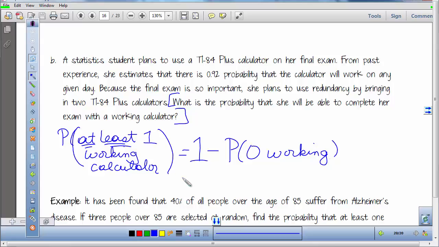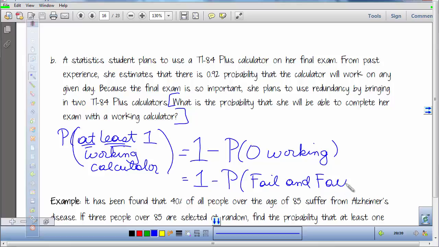And so if 0 of them works, then that means that they both fail. So the first calculator breaks down and the second one breaks down as well. Okay? And so now I'm at the point where I can clearly see how I'm going to use the multiplication rule.